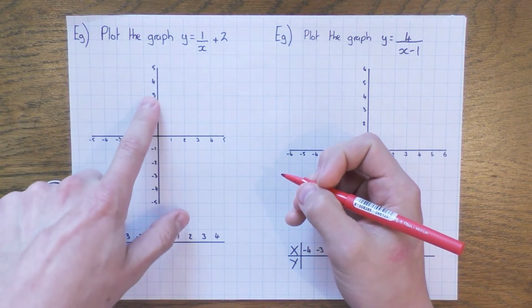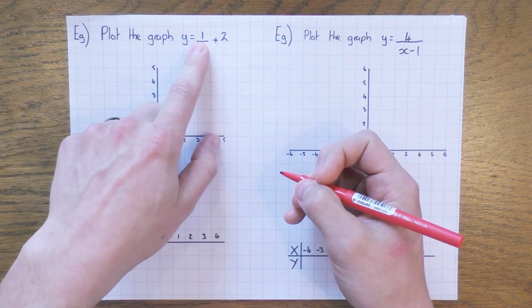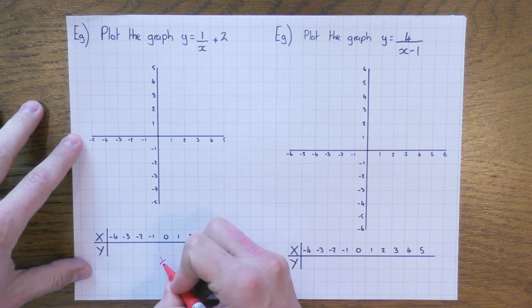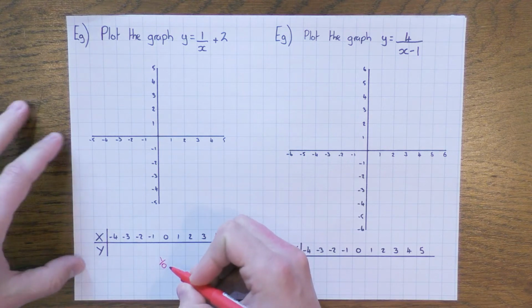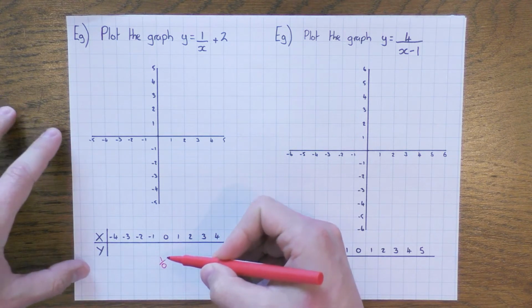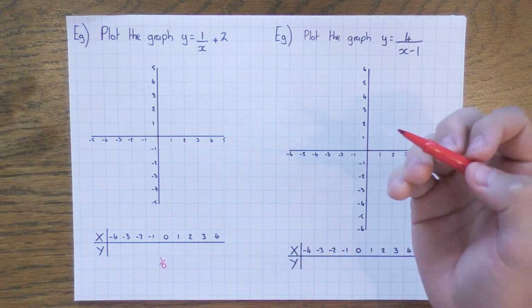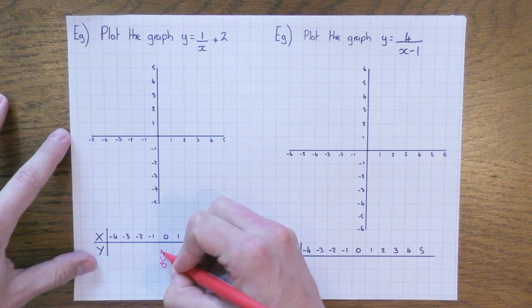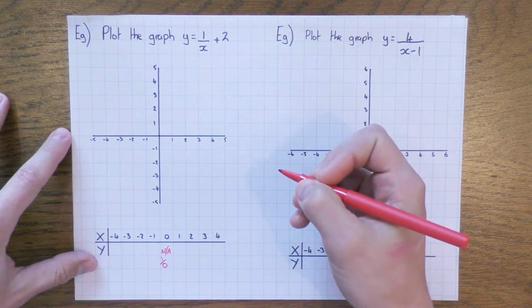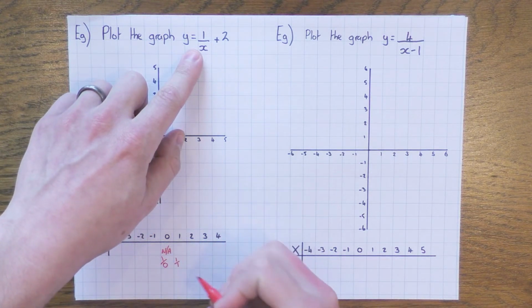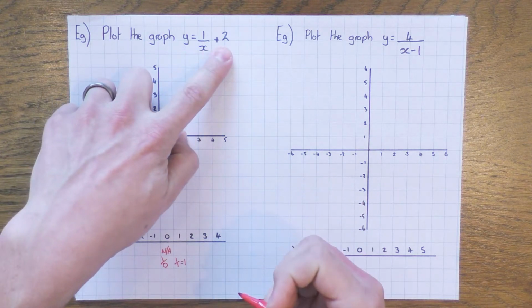So in this case, if I do 1 divided by 0, and then I need to add 2, but 1 divided by 0, I still can't do that. It's still not applicable. So if I can't actually do it, even if I add 2 to it, it still doesn't work. So that's still the same. And then 1 divided by 1 is obviously 1, but then I need to add 2 to it.